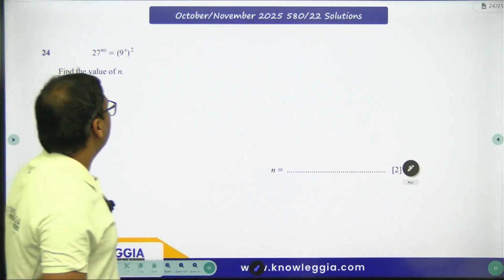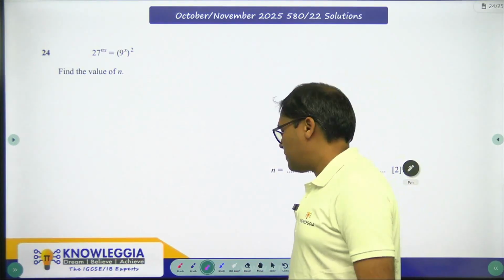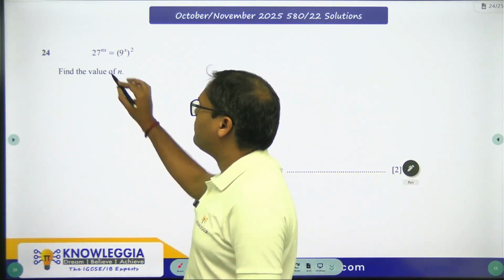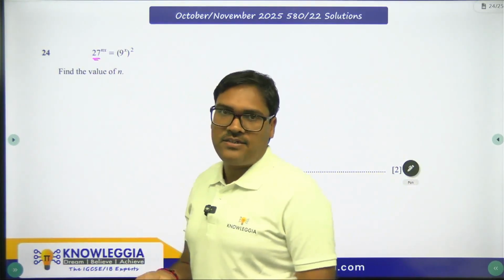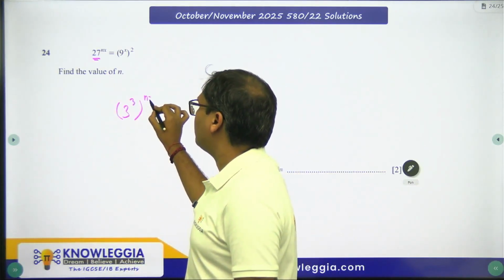Now, the next question, you have to solve for n in this exponent equation. You will just use the exponent property. What is 27? It's 3 cube, so this is 3 cube raised to nx.